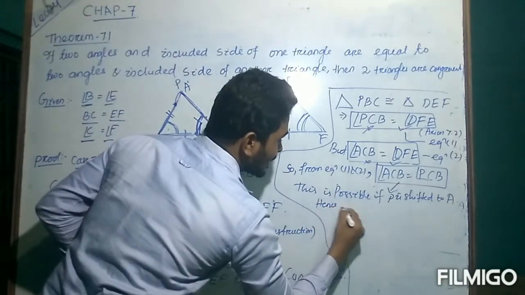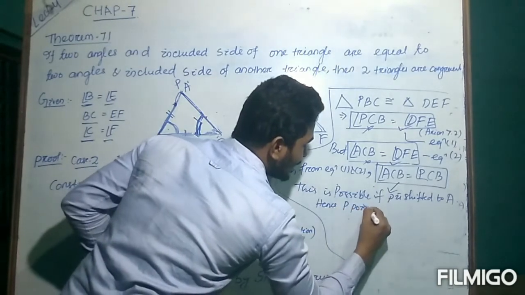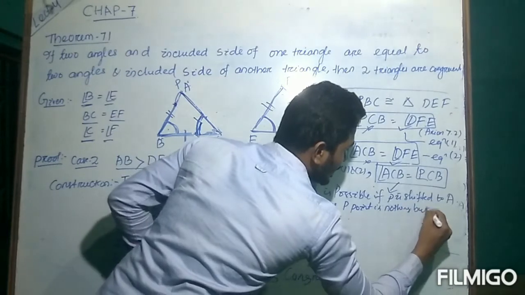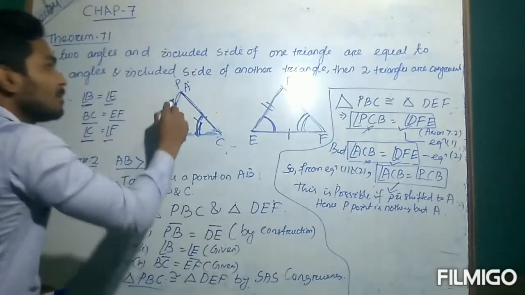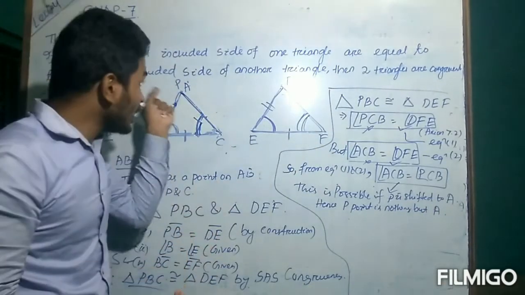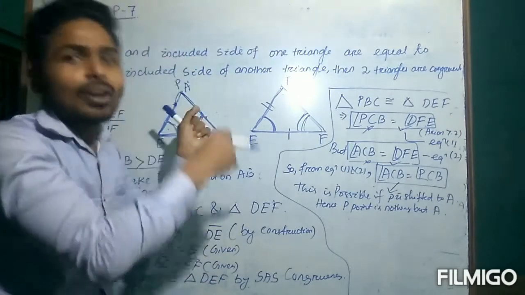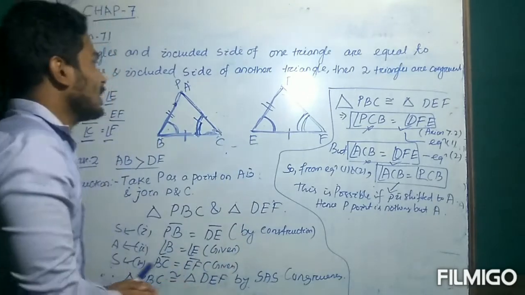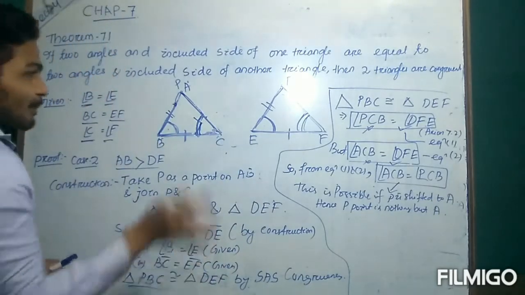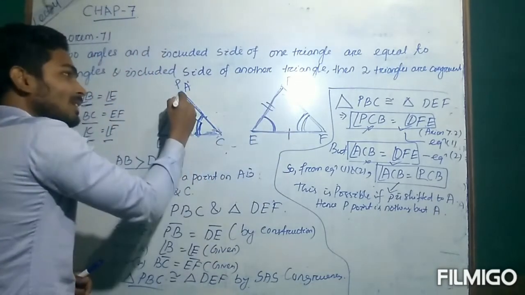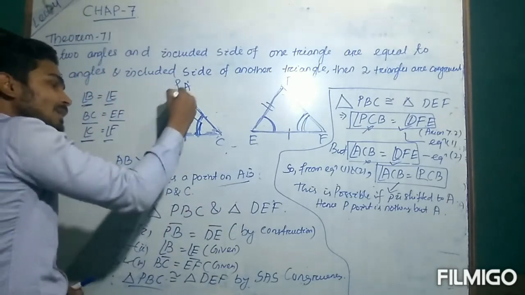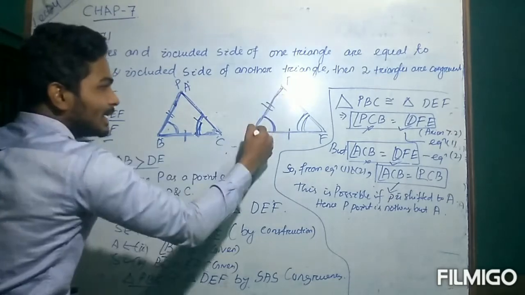Hence, point P is nothing but A. Now, P is nothing but A. The point P also lies on A. So, P and A are not different. They are equal. Understood? But what have we proved? We have proved from the construction that we took PB equal to DE.